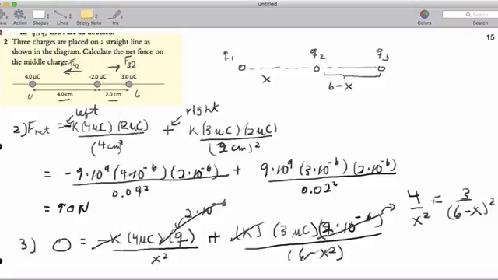And we can actually simplify this. We can get a quadratic equation if we want, but we'll end up getting that x is about 3.22 centimeters when we solve. Okay, I did want to go ahead and set that up.